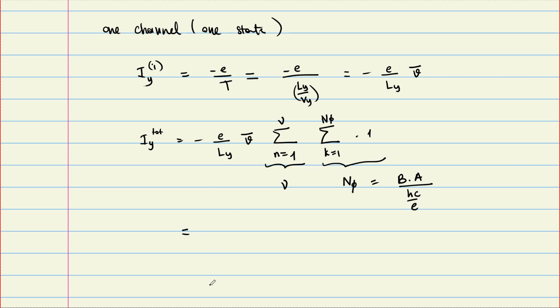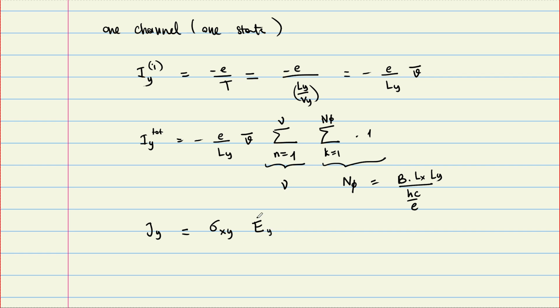At the end, I want to write A as Lx Ly. So I want to take Lx to this side and write this like jy, because I'm going to write something like sigma xy here. I think I forgot v bar is here. I want to write it like something like this.